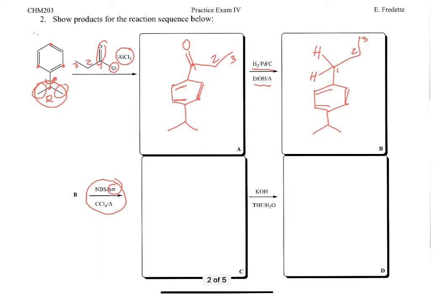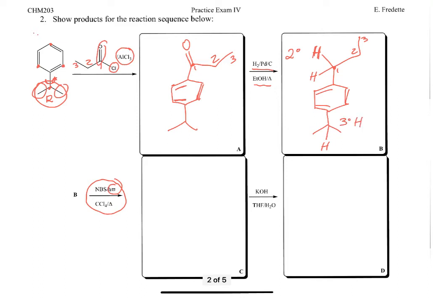Let's look at our precursor B and find the most highly substituted benzylic carbon atom. If that carbon has a hydrogen present, that hydrogen will be selectively replaced by the bromine atom. On carbon number 1, I have 2 secondary benzylic hydrogen atoms, and on the isopropyl substituent, I have 1 tertiary hydrogen.